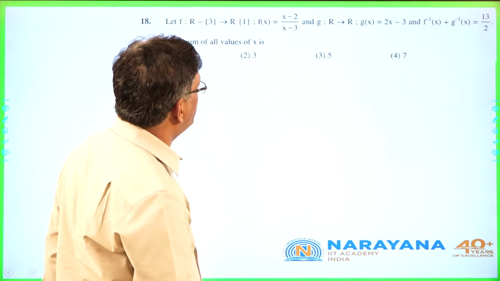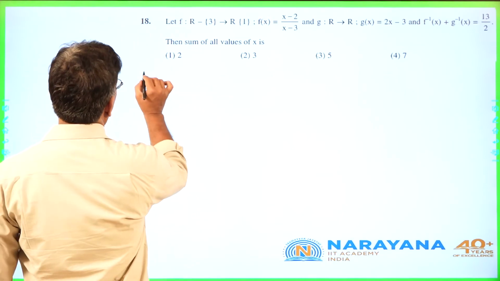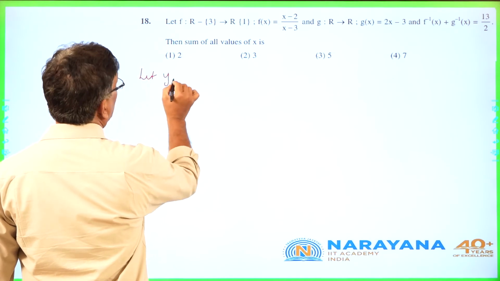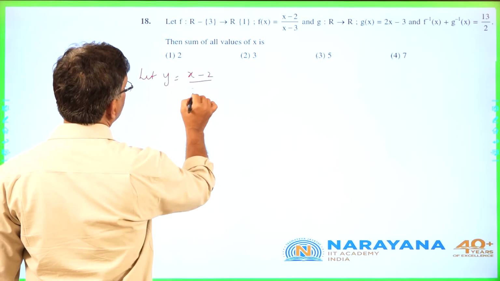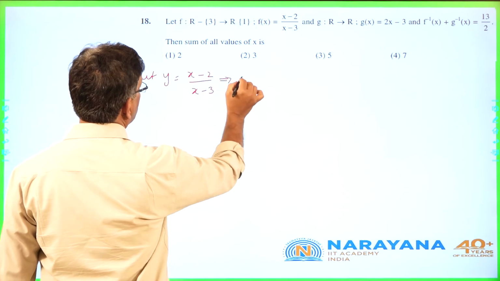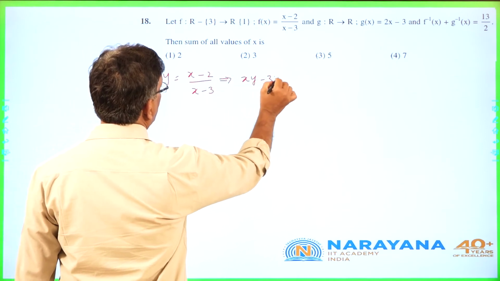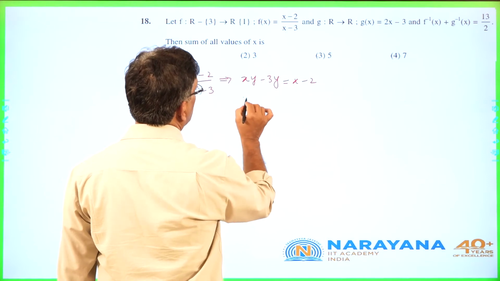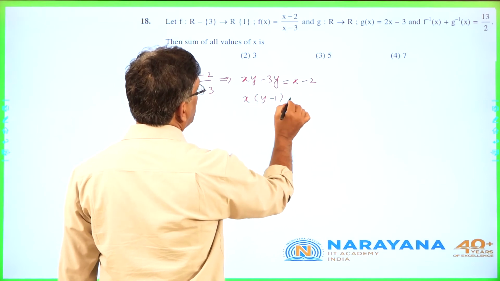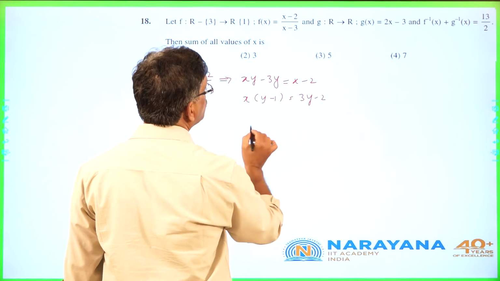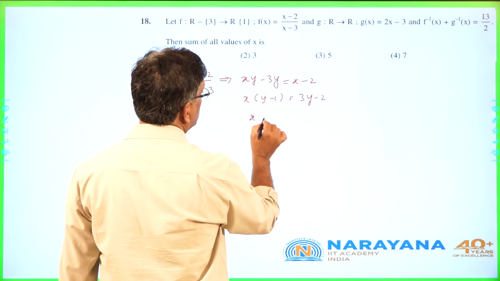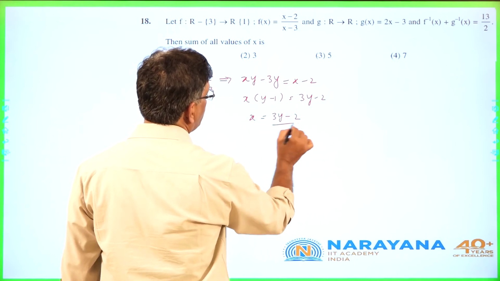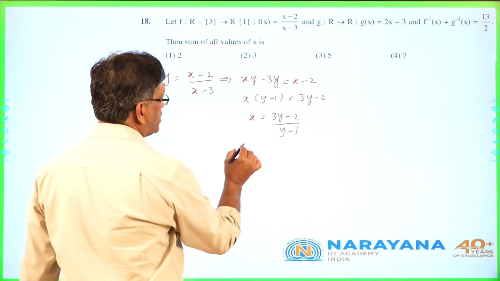Yeah, f of x, f inverse. So, let us take y equal to x minus 2 by x minus 3, xy minus 3y equal to x minus 2, x of y minus 1 equal to 3y minus 2, x is 3y minus 2 by y minus 1.